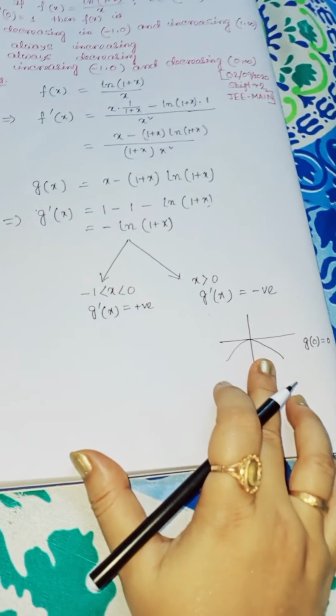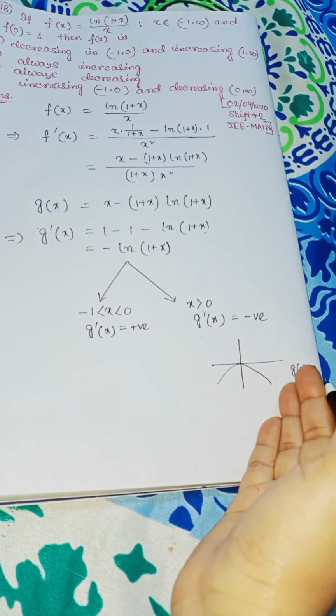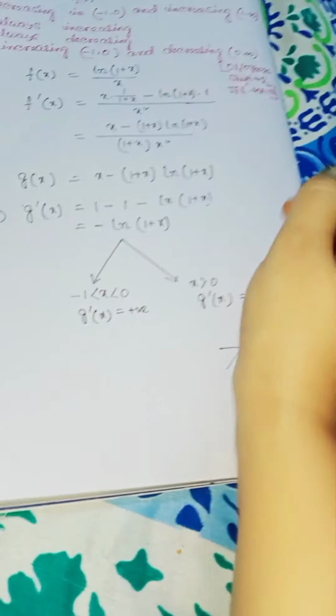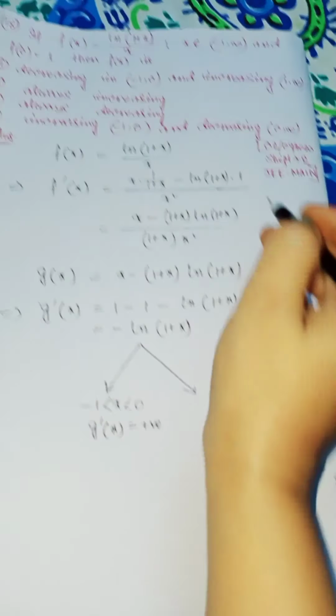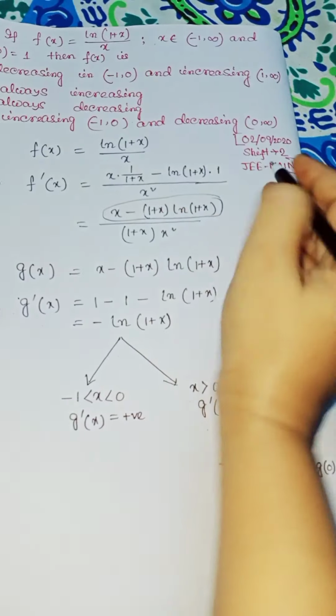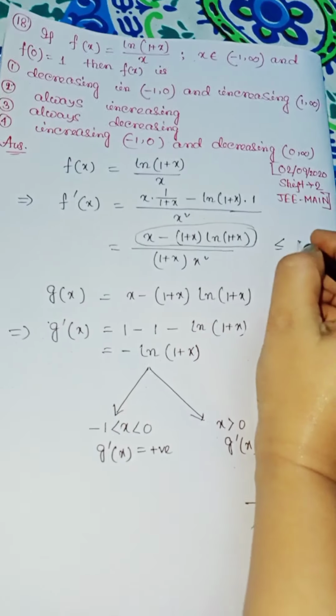It means that the function is firstly increasing, then decreasing. So this picture shows that this term is less than or equal to 0.